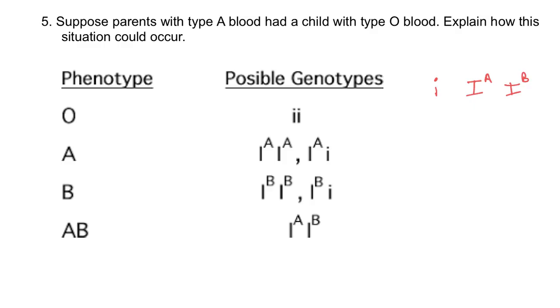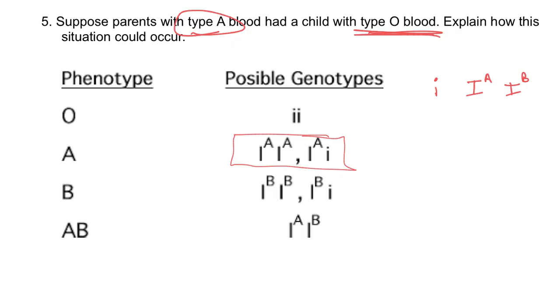Okay, so this is asking, suppose parents with type A blood had a child with type O blood. Is this possible? Well, type A, if you look, can have two different possibilities. So you could do this by doing two Punnett squares. That's one way you could do this.